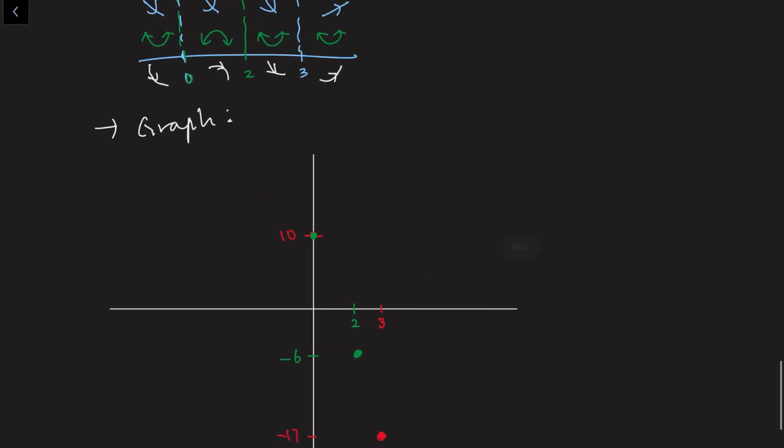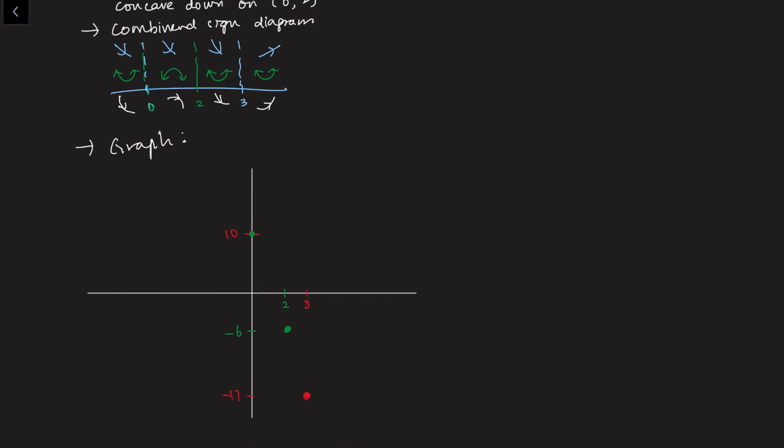Then from negative infinity to 0, the shape is like this. The first part of the U shape, I'm referring to this one. Then after that, it goes through an inflection point. Then this shape.